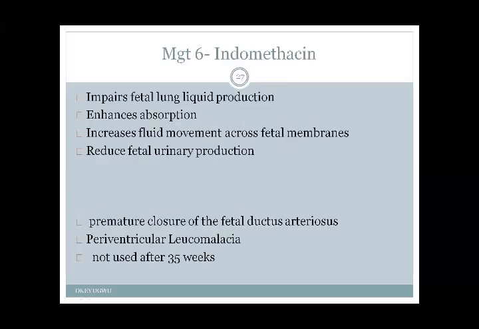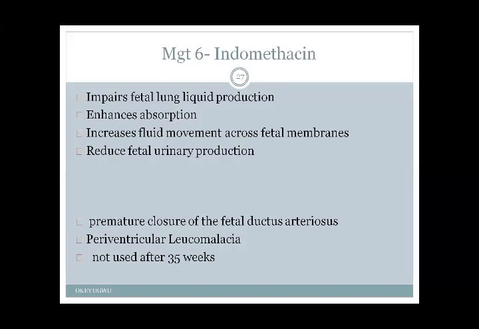So indomethacin is a prostaglandin synthetase inhibitor. It impairs the fetal lung liquid production, and it enhances its absorption. It increases the fluid movement across the fetal membranes and reduces fetal urinary production. So these are all functions which definitely help us in lesser production of the amniotic fluid.